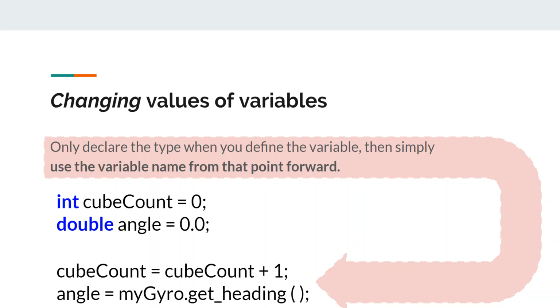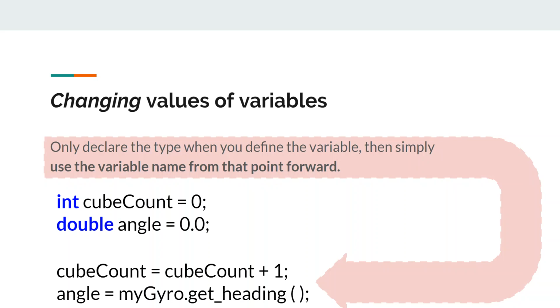It's assuming that we have an inertial sensor, we're going to get the heading and store it into the angle variable. So notice the big difference is I'm using cubeCount and angle as the names only, and I'm not using the data type anymore because I don't need to.